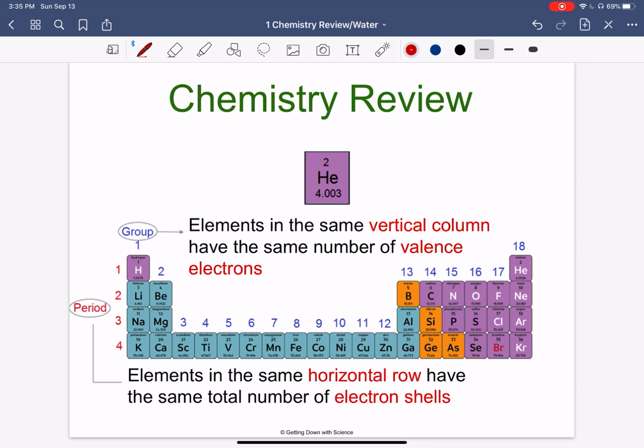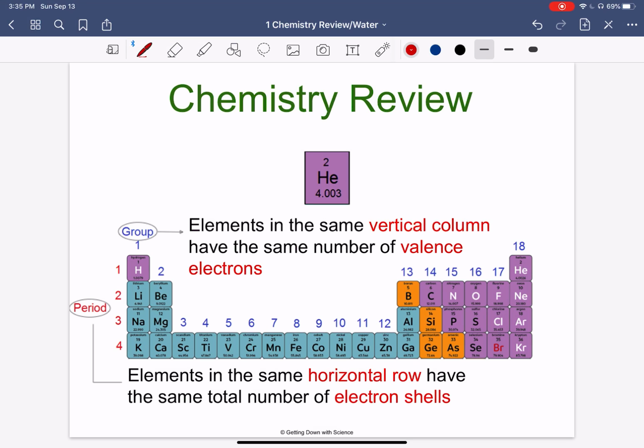Actually, I do want to talk about one thing. The periods, the rows that go across. Those are important only because they tell you how many electrons are in the outermost ring. So, for example, in the first period, there's only 2 in that first valence ring.